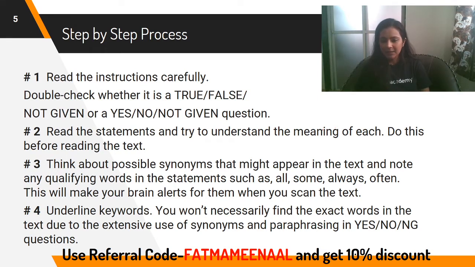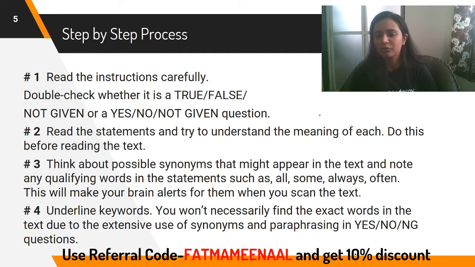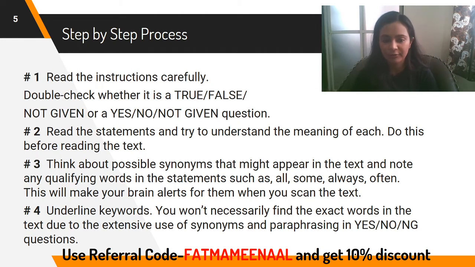That is one of the most common errors people make. You have to make sure you are double checking if it's a true, false, not given or a yes, no, not given question, because on the basis of which question category it is, the content in your question statement will change, right?